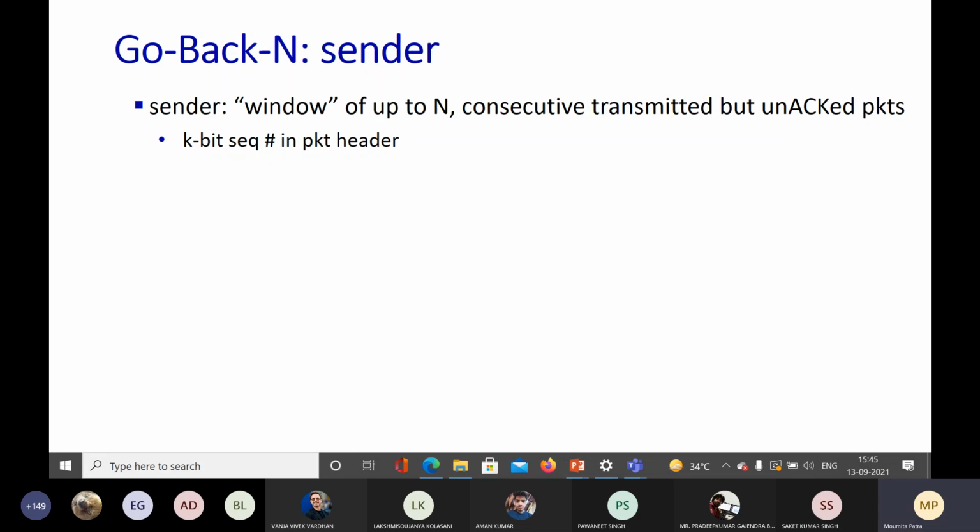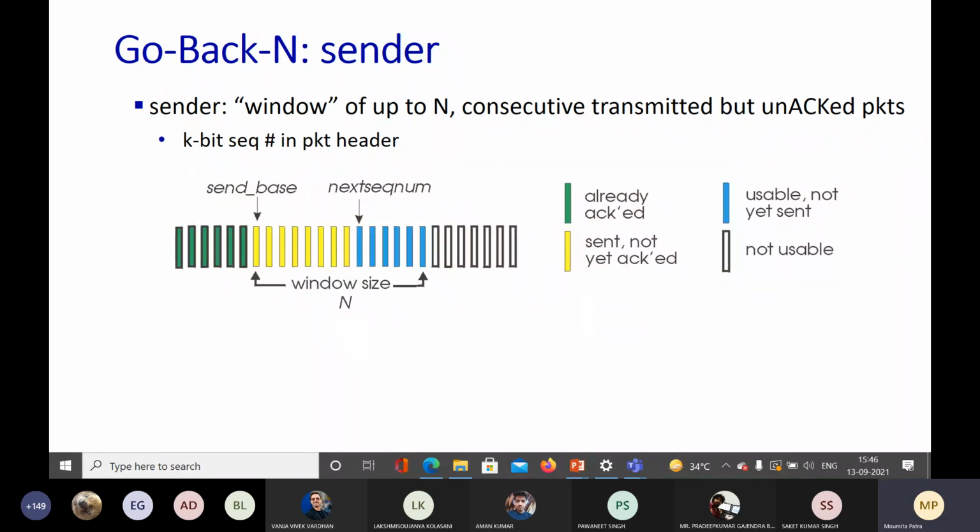What is the go back N protocol? The sender will be able to send up to a particular number of packets, up to N packets. So N packets it can send without getting them acknowledged.